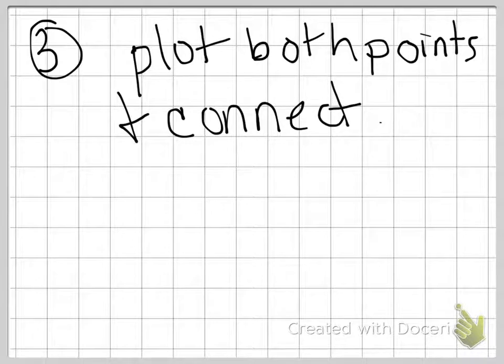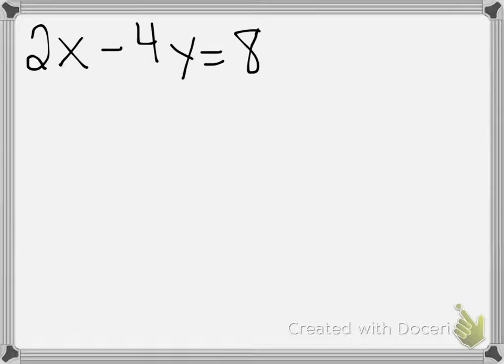Let me go back to my whiteboard here. I'm going to use the equation 2x minus 4y equals 8. Now notice this does match my standard form of a line. This is ax minus by equals c.